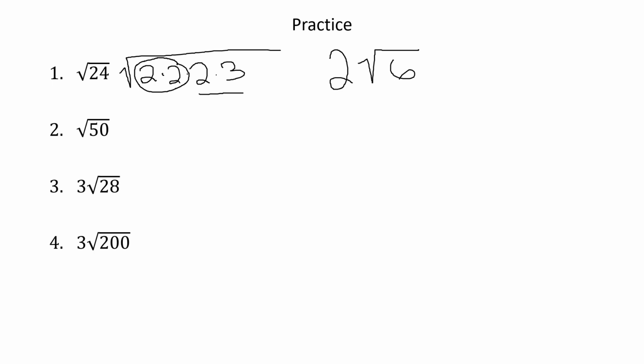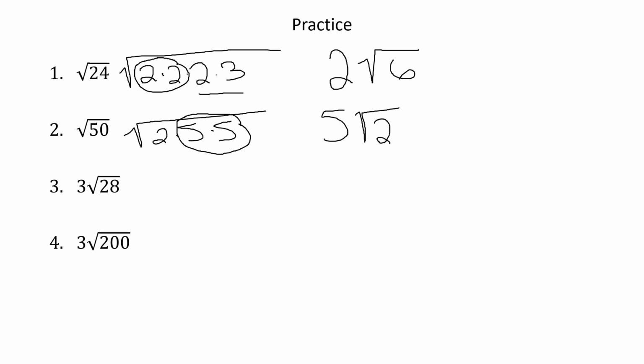Okay, number 2, we have square root of 50. 50 is going to break down as 2 times 25, which is 5 times 5. I'm going to find my pairs. That pair is going to pull out in front as 1, and my leftovers stay put. So what I have is 5 square root of 2. All right, number 3.